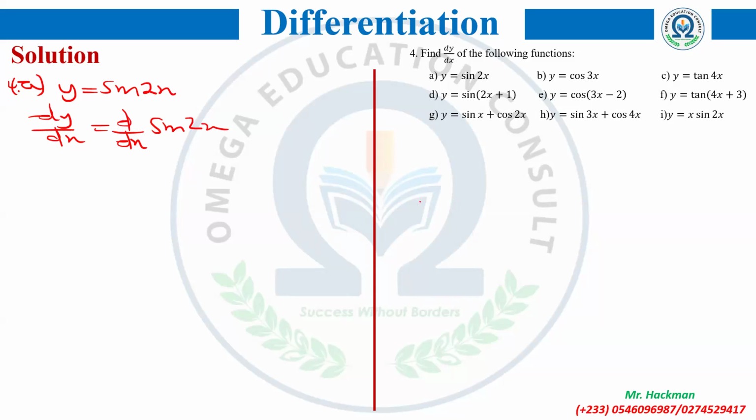So if I write sine f of x in general, d/dx of sine f of x will be equal to, I will deal with it as if I'm doing normal differentiation of sine. So that will give me cos f of x, but that's not all, times the differential of what?